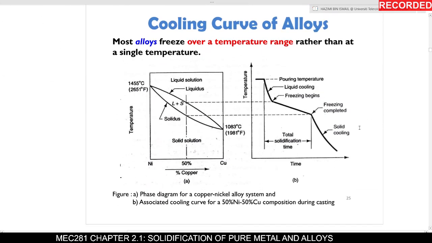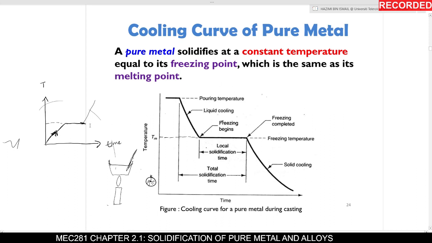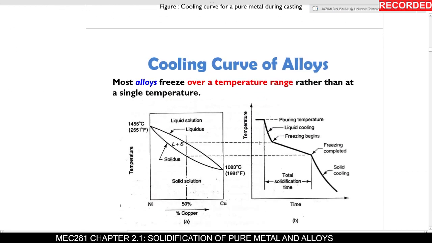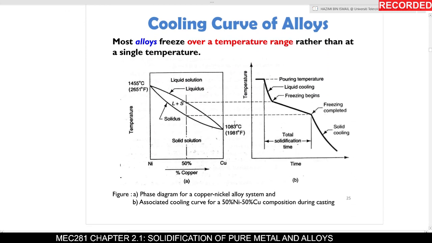Okay, so most alloy freeze over a temperature range rather than at a single temperature. Okay, alloy lah. Sebab tadi ni pure metal. Pure metal tadi macam air kan pun pure element. So ni pure metal, dia tak ada problem. Dia ikut lagi konsep asal pemanasan dan pendidihan dan penyejukan, apa-apa yang kita belajar fizik dulu. Okay, cumanya bila alloy, sebab kita combine banyak elemen ni, dia dah berubah sikit.